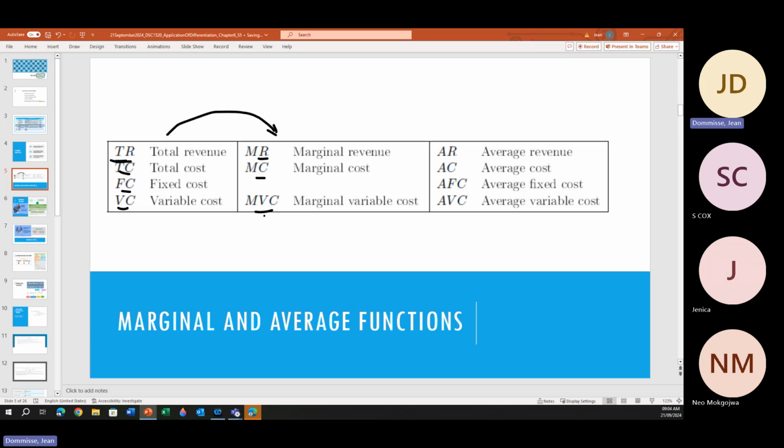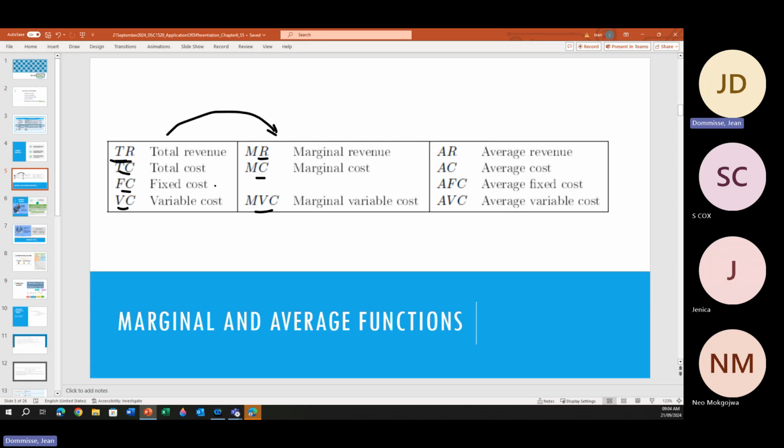Okay, so if you get the total value, so total revenue, total cost, fixed cost, variable cost, if you differentiate, you will get the marginal values.